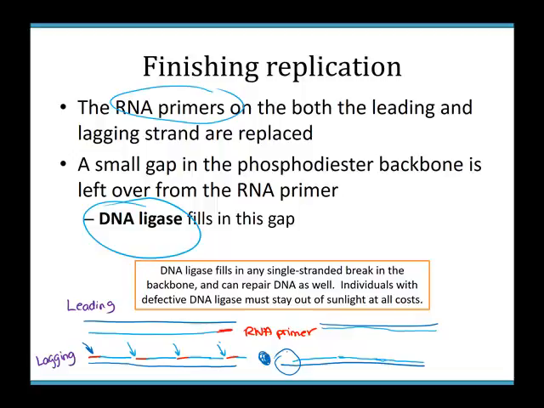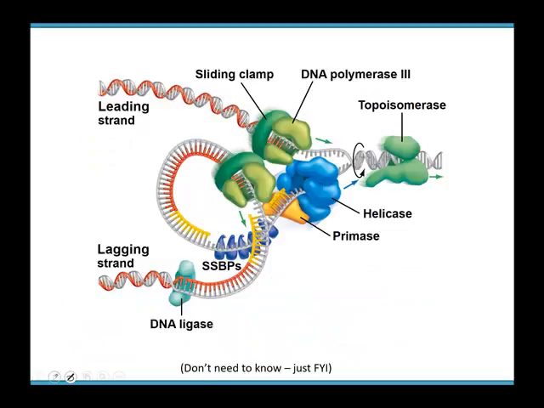So this little chunk right here just breaks off. It's not used anymore. So every time we replicate our DNA on the lagging strand, we lose a tiny, tiny amount of DNA off the very, very end of the DNA molecule. Okay, I'm going to come back to that in just a moment.